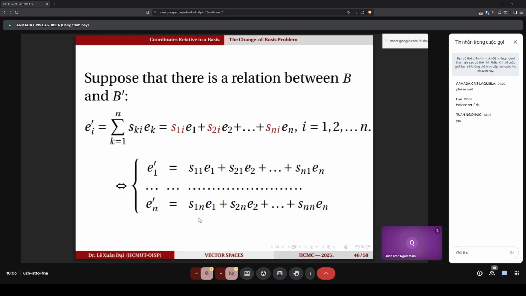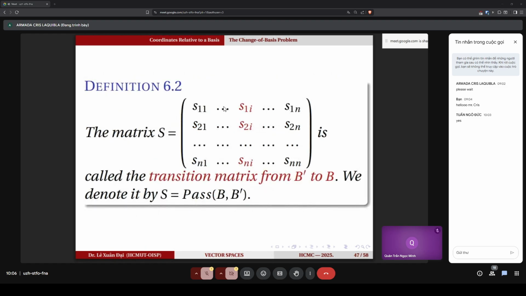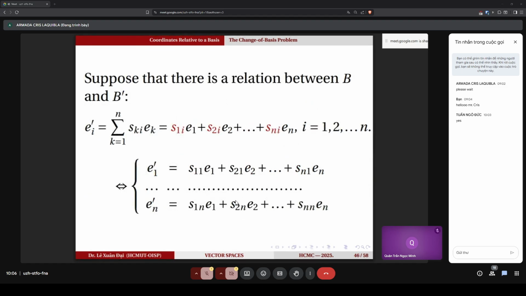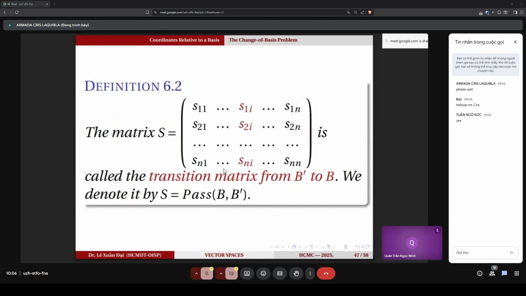So in this line here, get that, and then you arrange it in the first row of your S. Next, you have the second row, because they are all s2 here: s21 up to s2n, then you arrange it here. Then the last, arrange it there. So this is your matrix. S is called the transition matrix from B prime to B. We denote it by S is equal to P_{B,B prime}. Okay?